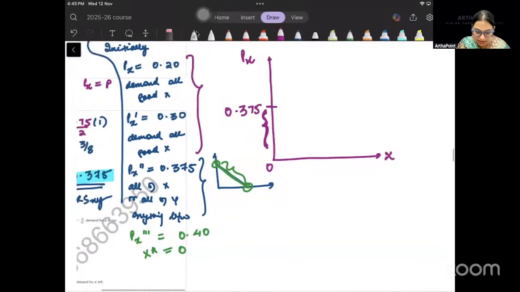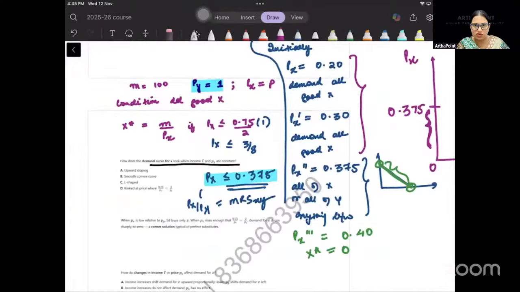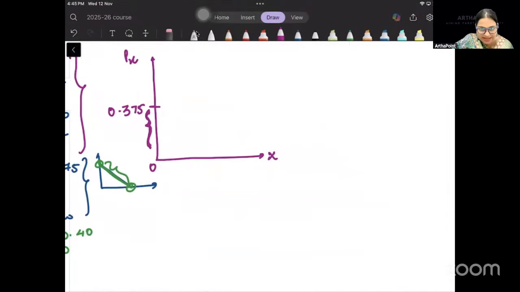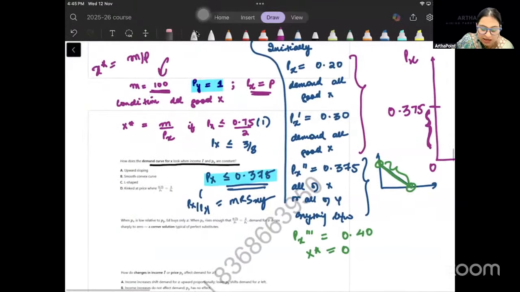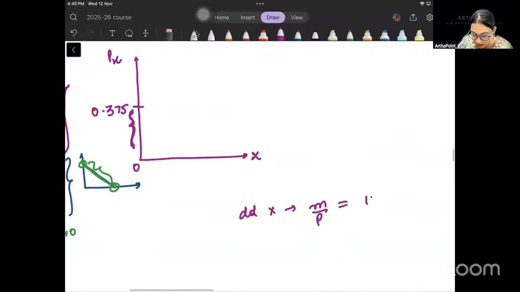And how much will the demand for x be? m by px, right? So demand of x will be m by px, so x star will be m by p. So for price less than 0.375, demand of x will be m by p, and what is my income? Income is 100, so it will become 100 by p.